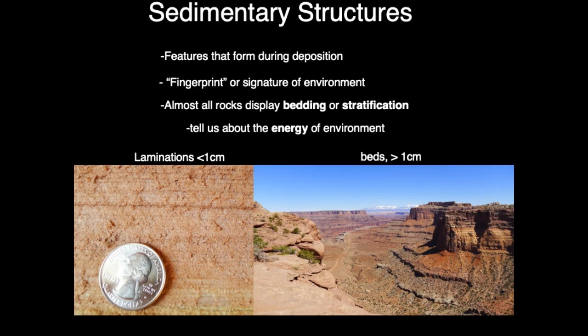If they are larger, they are referred to as strata or beds. Sometimes the stratum has laminations within it, made up from the same rock type and same environment, but with bedding planes in between, which means lapses of time in between depositions.